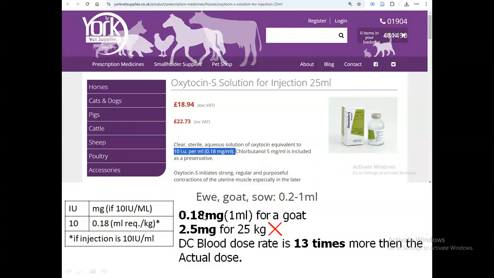According to DC Blood, we have to inject 2.5 mg, but according to the manufacturer, we only have to inject 0.18 mg, which is 13 times less than the DC Blood recommended dose, and half of the dose recommended by the Veterinary Pharmacology textbook.